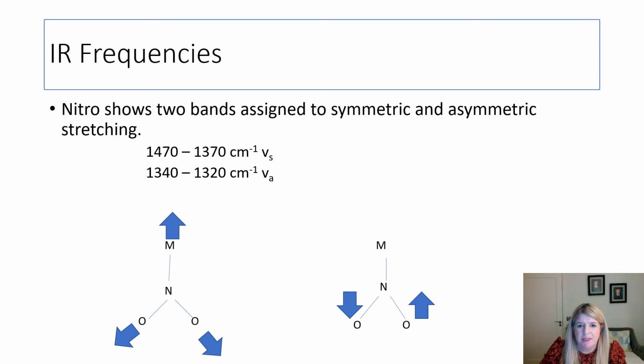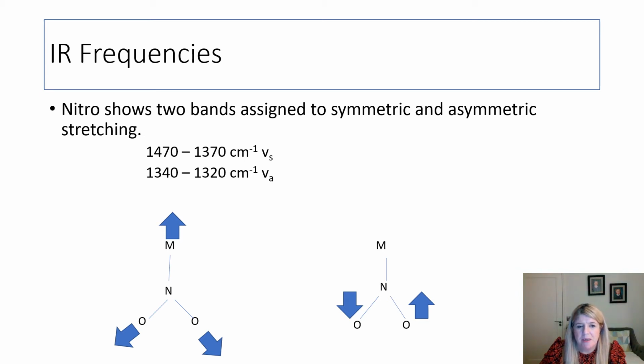This shows two bands assigned to symmetric and asymmetric stretching. So VS stands for symmetric stretching, and this is the wave number region that we see. So it's the pull from the two oxygen atoms, which is very symmetrical, away from this nitrogen here.